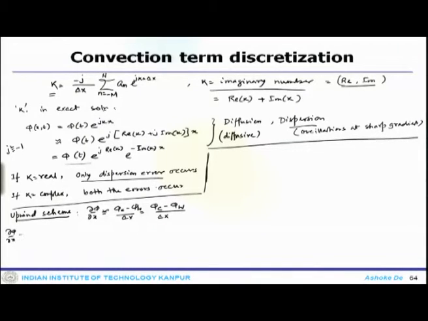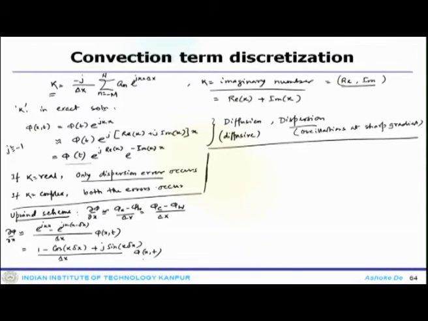So, one can write that as e to the power j k x minus e to the power j k (x minus delta x), divided by delta x, phi(x,t), which will get you back (1 minus cos k delta x plus j sin k delta x) divided by delta x, phi(x,t).